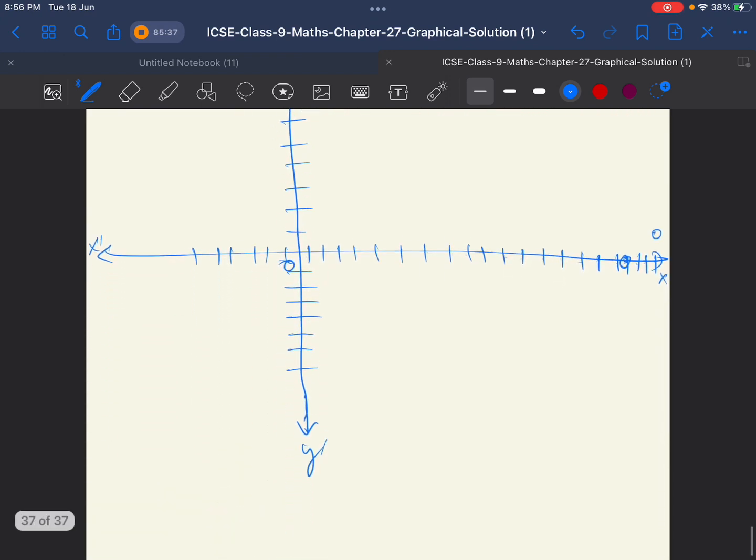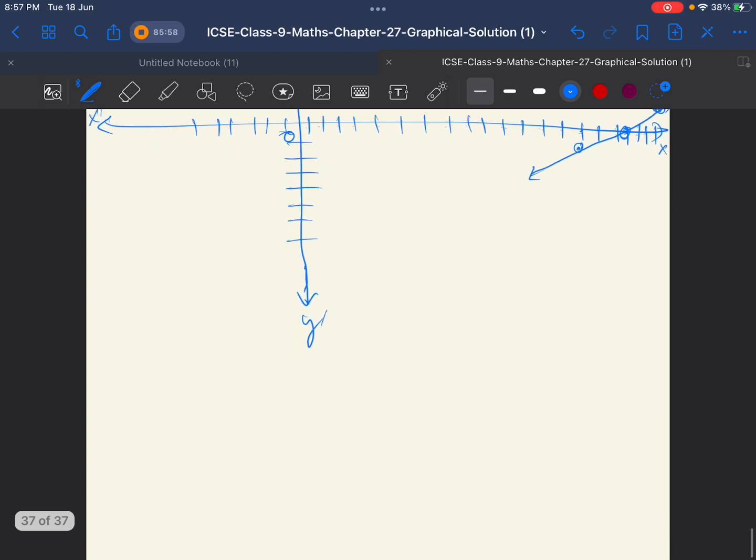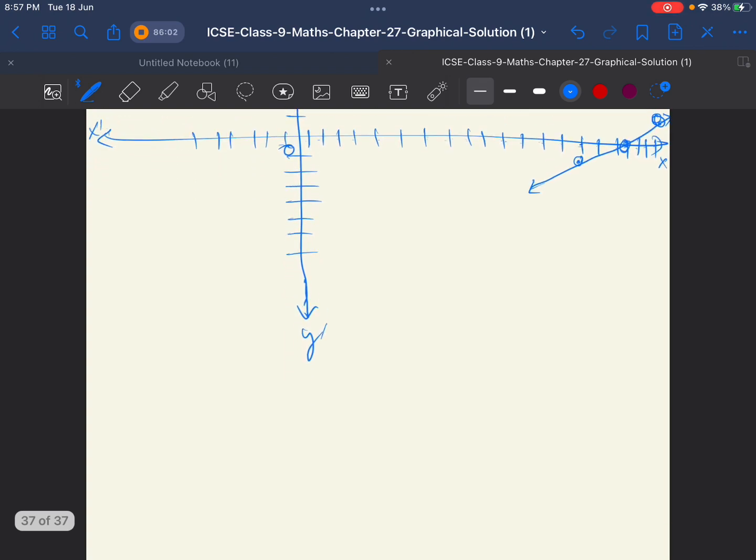(18, 0) is here. The point (21, 1) is here. The point (15, minus 1) is here. So these are the points, and the straight line is here.